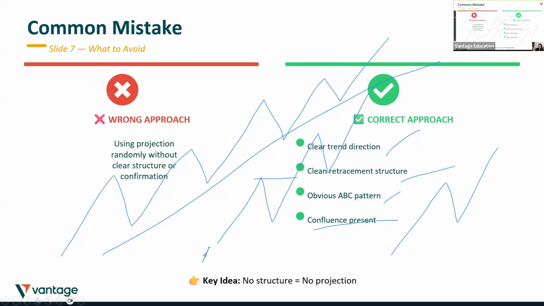This is the A, B, and C. If it's going to break here, you can use the projection, meaning what if price breaks above this resistance, what is the next move? Then you can use Fibonacci projection somewhere around here. It might line up with either resistance or a supply zone or an OB.